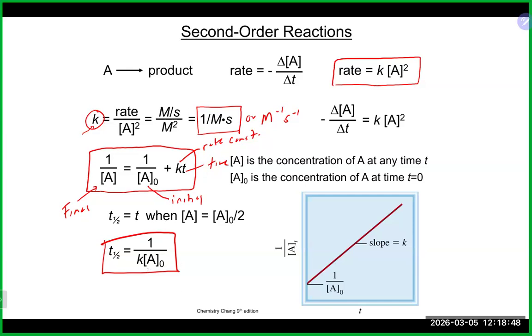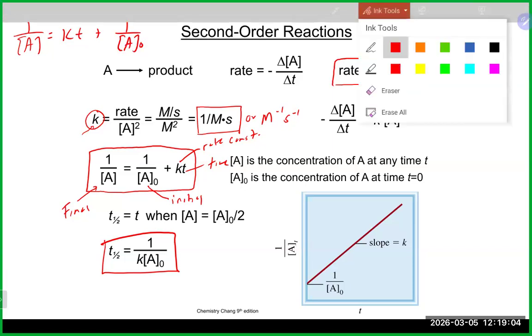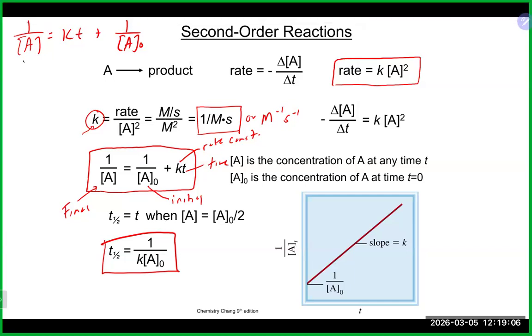We also have a typical graph. Just like the first order one, we can take this equation, 1 over the final concentration equals kt plus 1 over the initial concentration, and rearrange it into the form of a straight line, y equals mx plus b. This is how we get the associated graph.